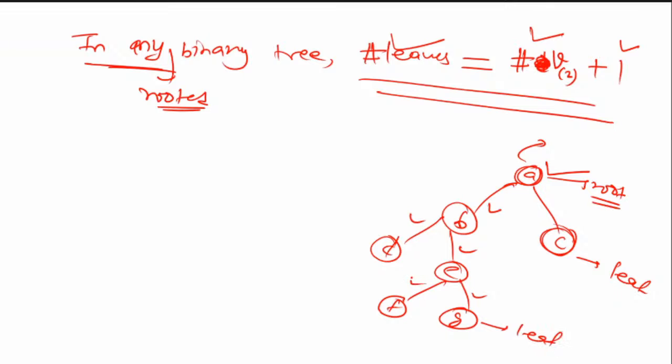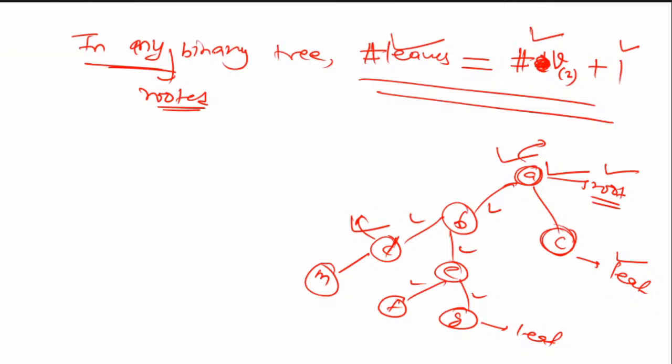Let's assume there is another node, M. This vertex D has only one child, but the degree of vertex D is 2. So this is some terminology we have seen: root node, leaf node, degree, and children. It has two children, it has one child.